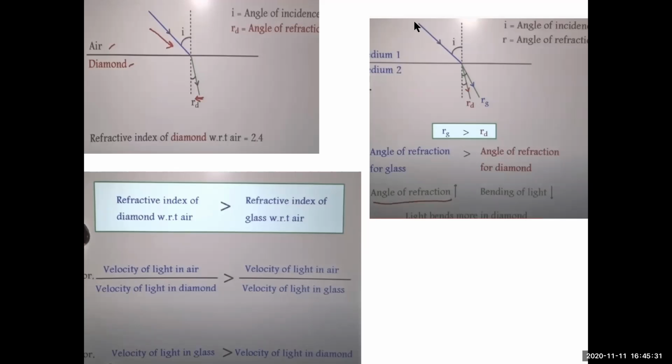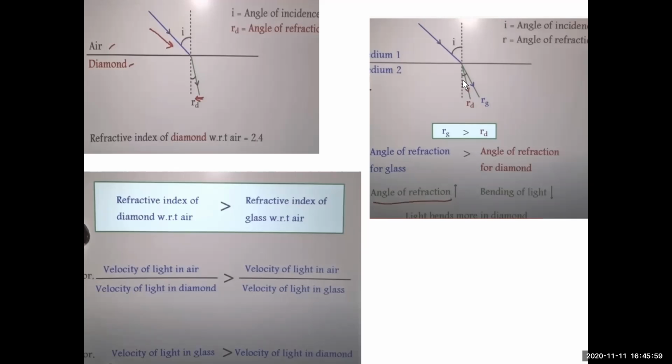Now you are seeing the diagram. This is the angle of incidence and the two angles of refraction. RG is the angle of refraction in glass, and RD is the angle of refraction in diamond. The angle is more for RG and less for RD. So the angle of refraction for glass is more, and for diamond it is less. What does it mean?